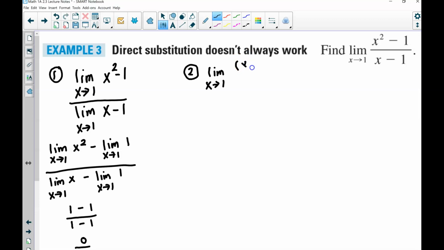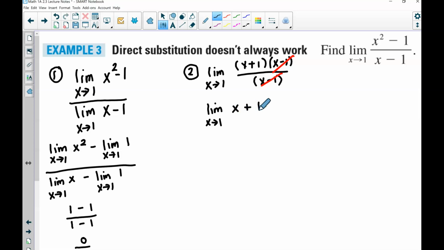So we have x plus 1 times x minus 1, and then we're dividing that by x minus 1. Now we can see here that we can simplify that and get the following limit: the limit as x approaches 1 of x plus 1.